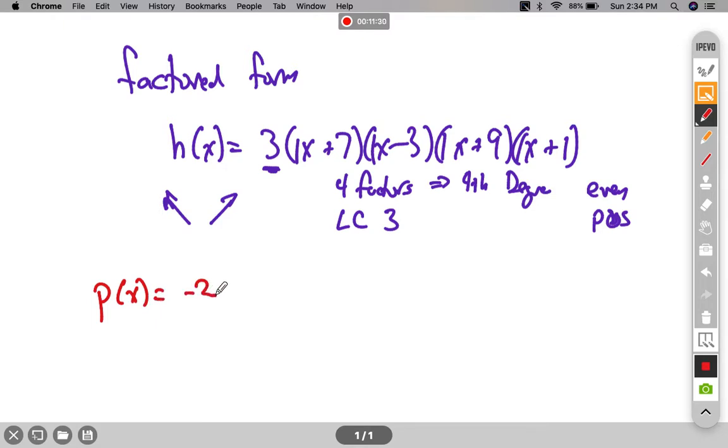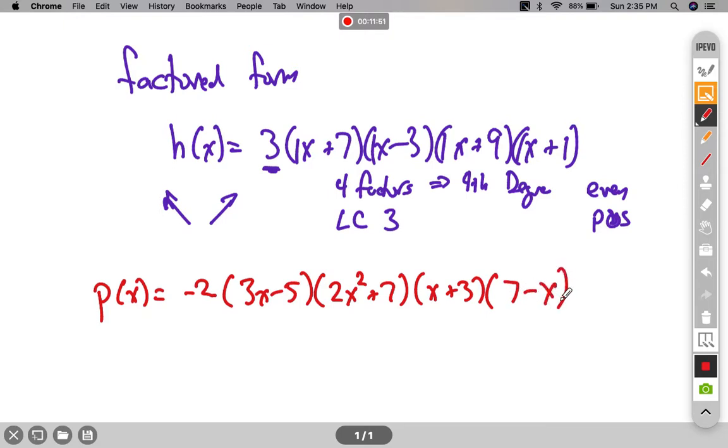Let's go a negative 2 times 3x minus 5 times 2x squared plus 7 times x plus 3 times 7 minus x. So we're still in a factored form. We're not strictly speaking factored form because these are not all factors of x plus or minus a number.